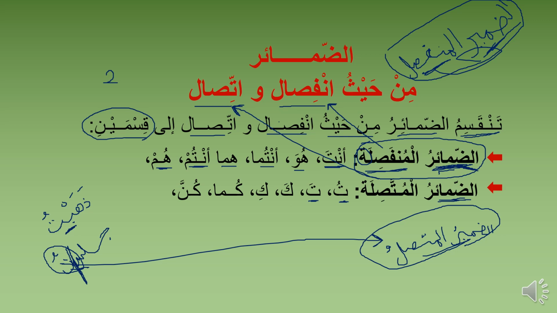We have ka: dorabtuka, kotaltuka. You can see. Okay, let me write that. Kotaltuka. Here we have the attached pronoun.